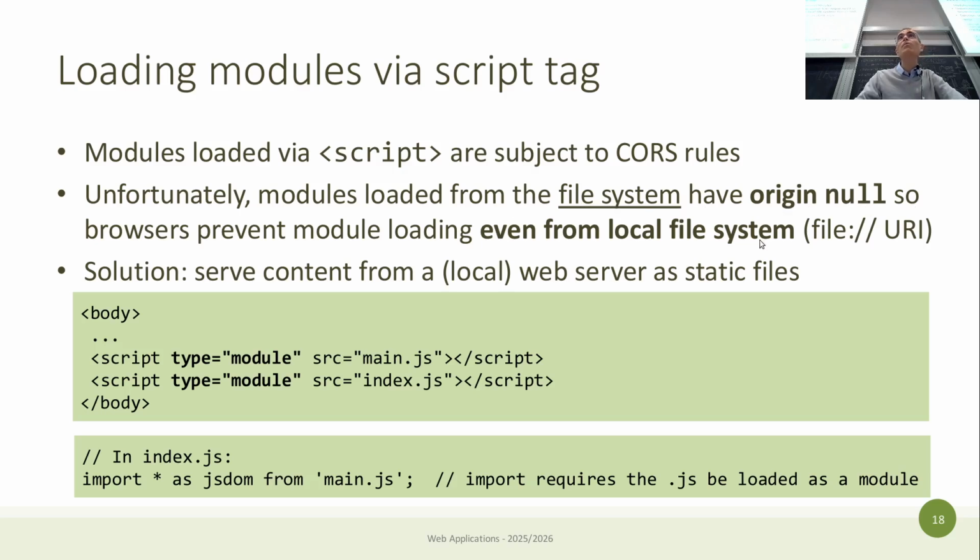And so basically, they will not work, because null doesn't match with null. In short, you need to serve all the files from a server from the same origin to make them work. It's convenient because this type module allows us to use a lot of nice syntax like import and so on. But unfortunately, to make this example work, we need a web server.